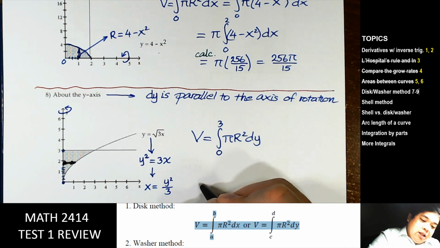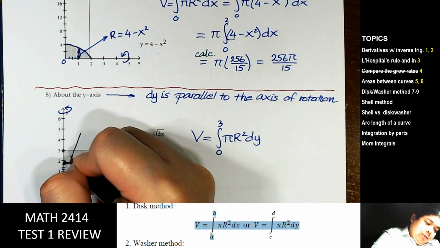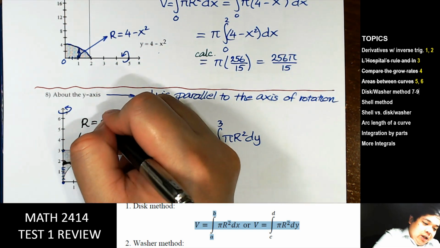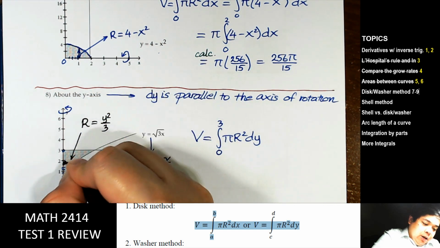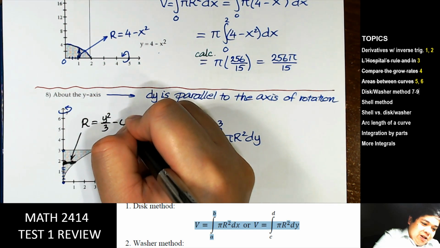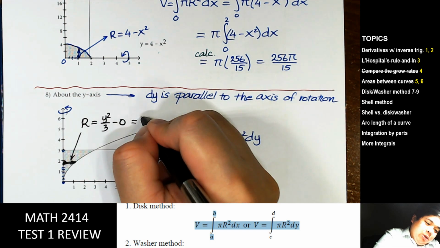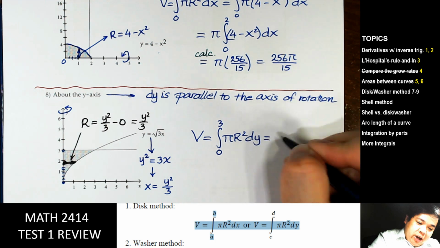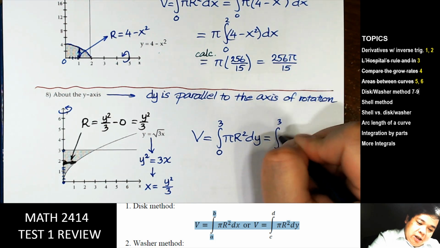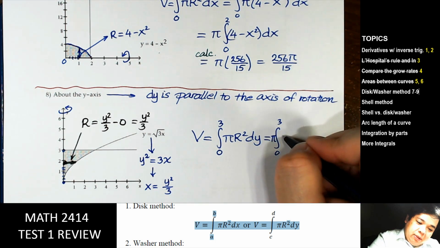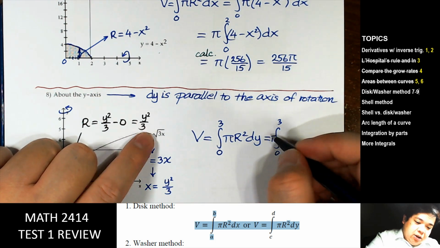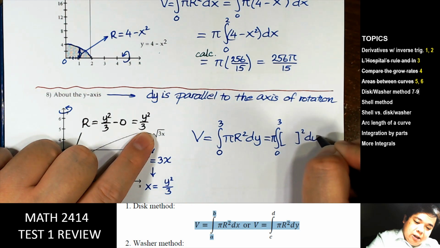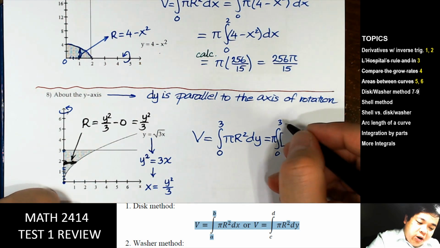So the radius in this case, from the right is y squared over 3 minus 0 on the left, so just y squared over 3. And then in the problem, we will have 0 to 3, put the pi outside, and then the r squared, r is y squared over 3.